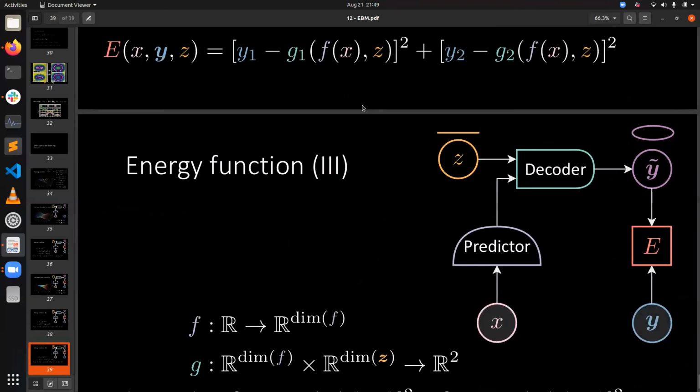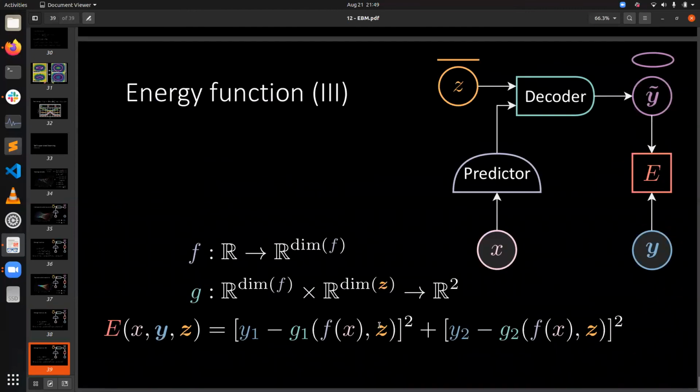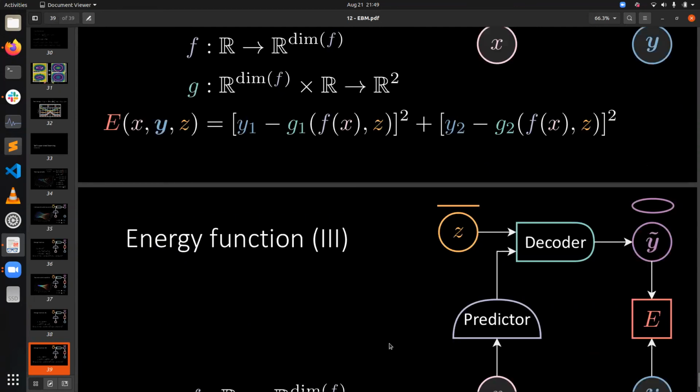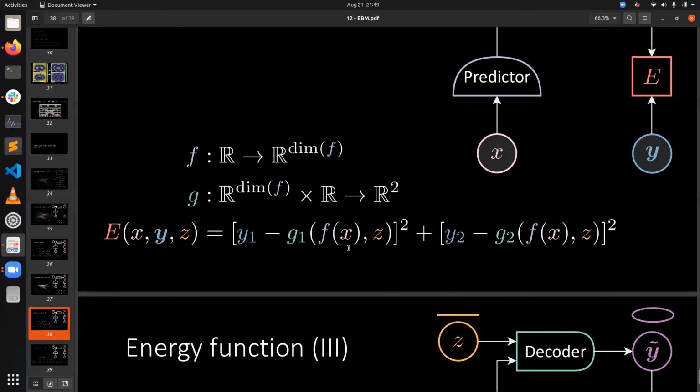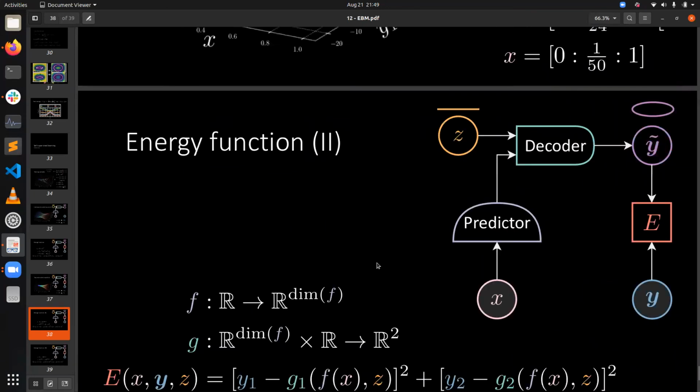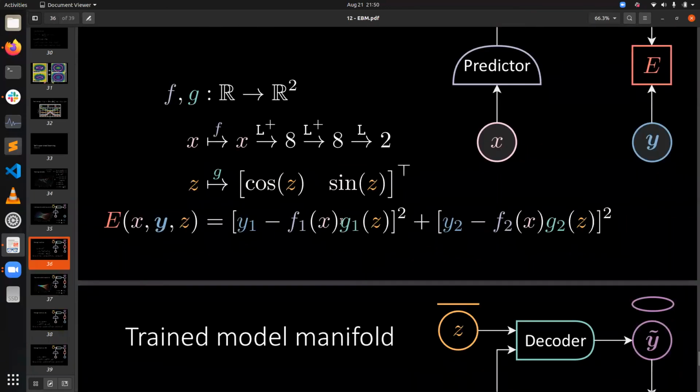But in a general case it's part of a function, since we don't know exactly how this latent variable interacts with the x. And here we just multiply it with the x.